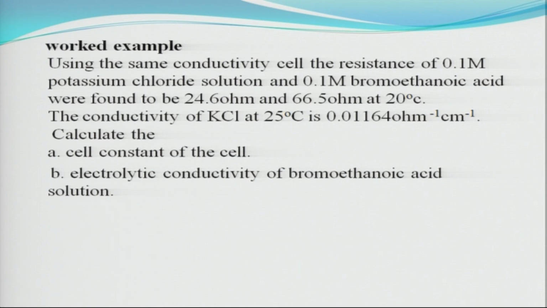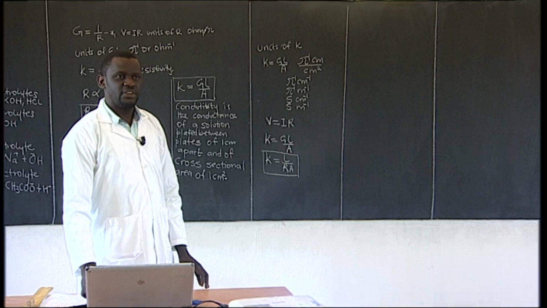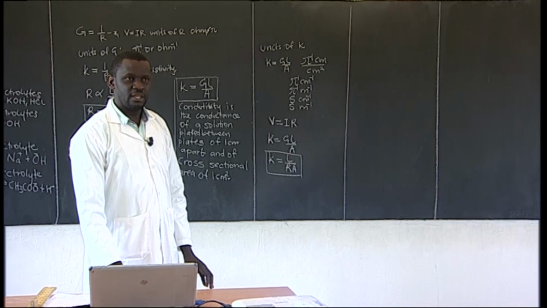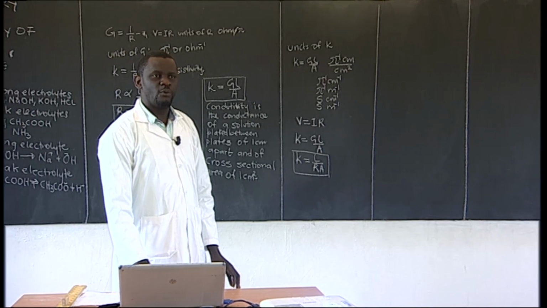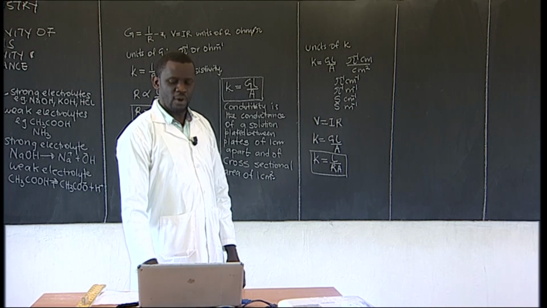The first question is telling us to calculate the cell constant. What do we call a cell constant? If you look at our notes, the cell constant is L over A, that is, the distance between the plates divided by the cross-sectional area.